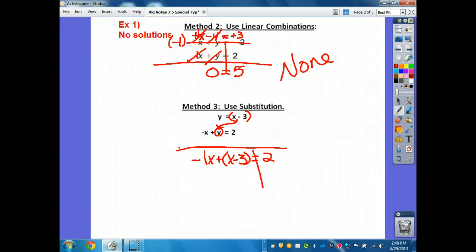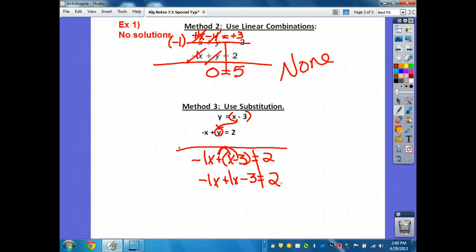All right, solve, get rid of parentheses, we'll bring my -1x down. What's a positive times a positive? Positive. I have a +1x still here. What's a positive times a negative? Negative. -3 equals 2.